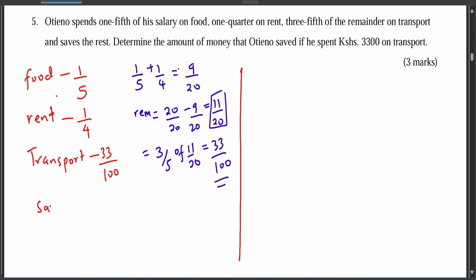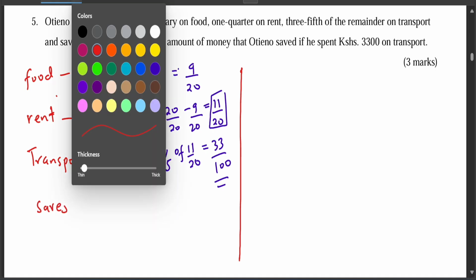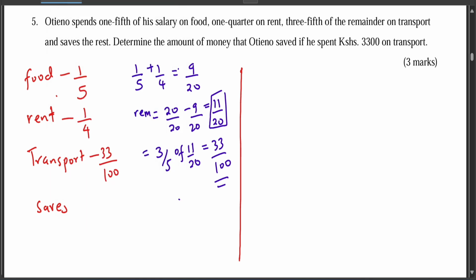Now you don't know even the savings, so let's search for the savings as well. For you to search for savings, basically, you add the food, the rent, and the transport. So you know the food plus the rent gives you 9 out of 20. If you add together with the transport, which is 33 out of 100, it should sum up to 39 out of 50.